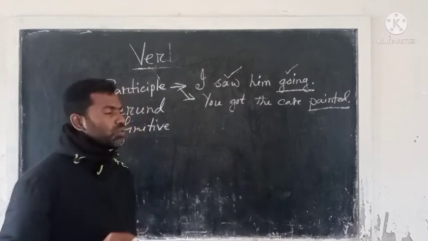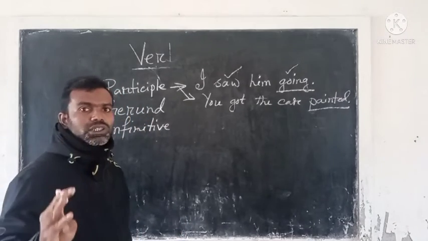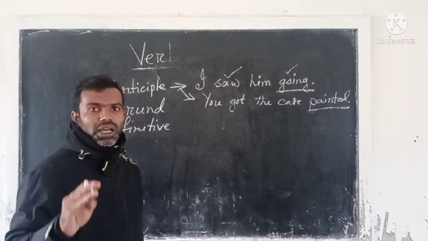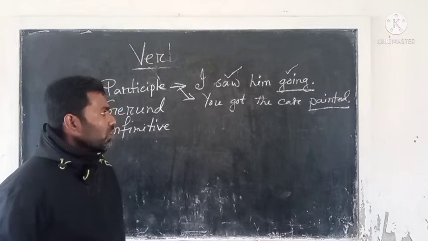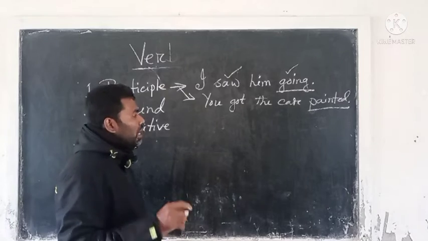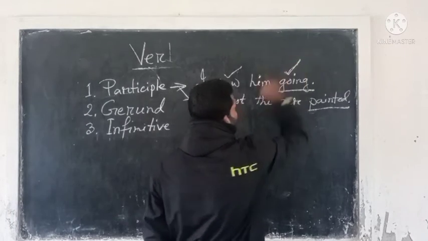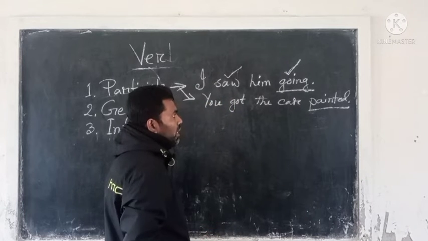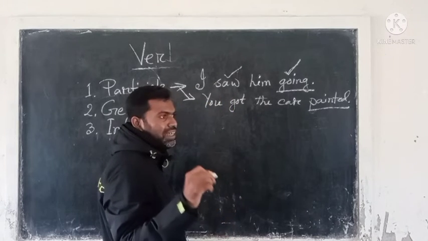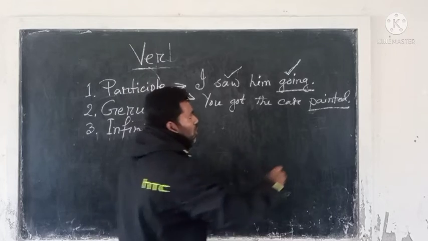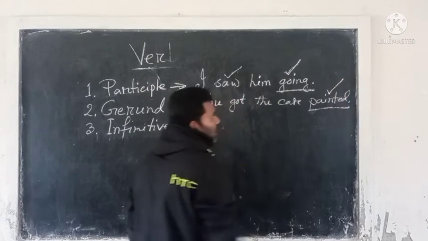There are three types of participle: present participle, past participle, and perfect participle. The verb form which has ing form is called present participle, and the verb in past participle form is called past participle.